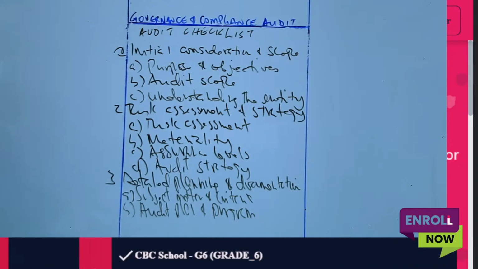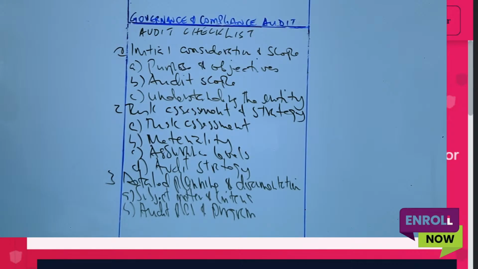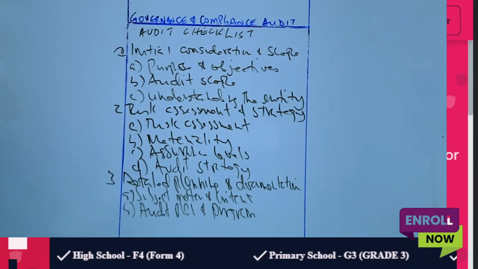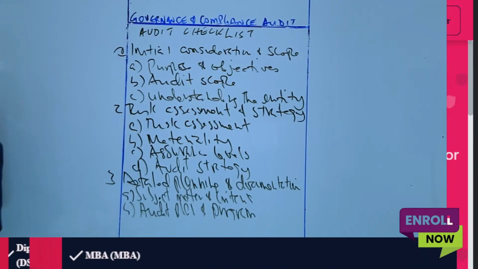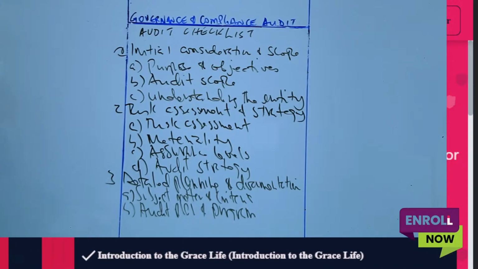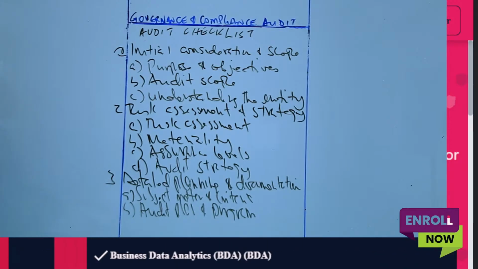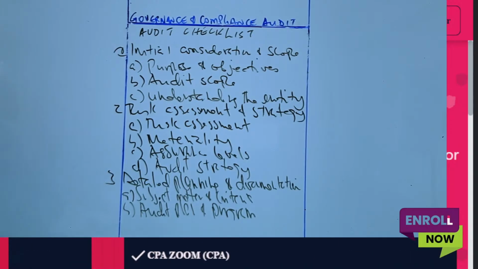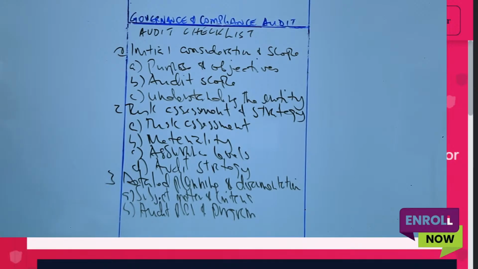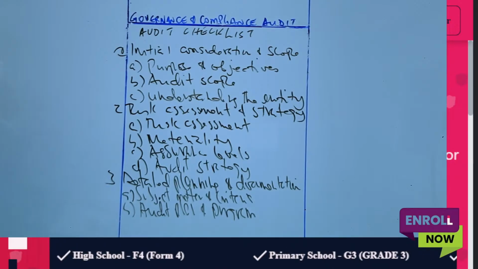Now, the questions to answer in relation to audit plan and program are: 1, is the final audit plan drafted and approved? Has it been approved? Number 2, is the detailed audit program complete with specific step-by-step audit procedures? Number 3, does the program specify the evidence required for each procedure?